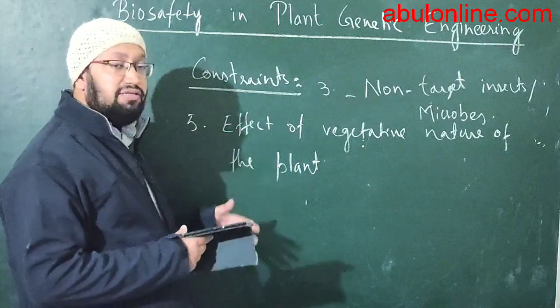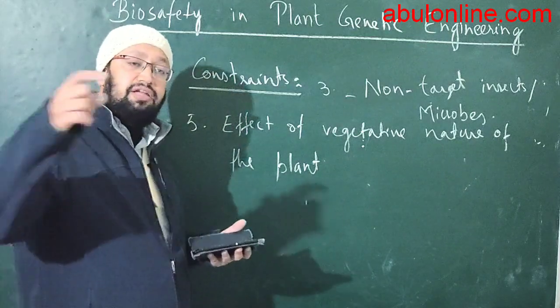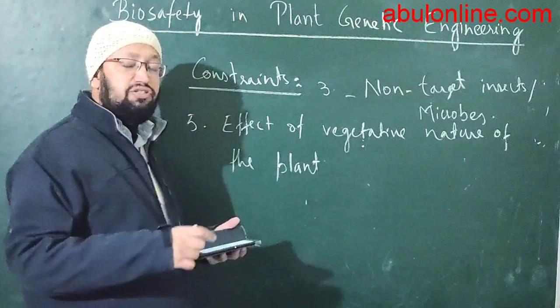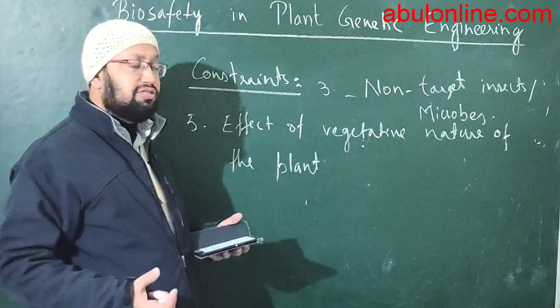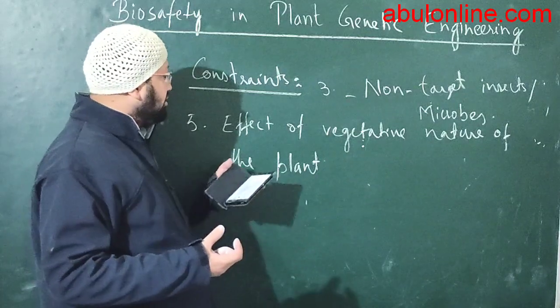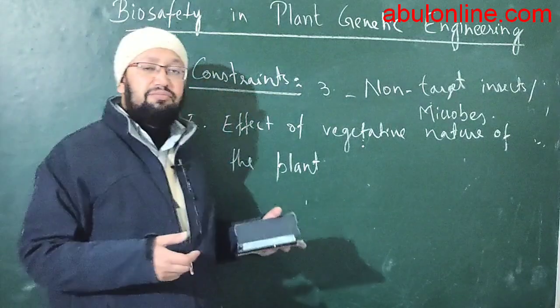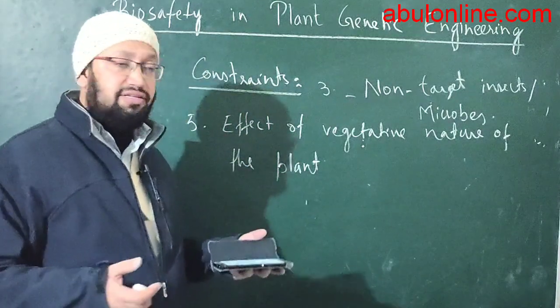Effect on vegetative nature means in the plant we may introduce the genes of the animals, the proteins of the animals, the essential amino acids from the animal sources. So there is an effect on the vegetative nature, because some people are pure vegans, I mean vegetarian.